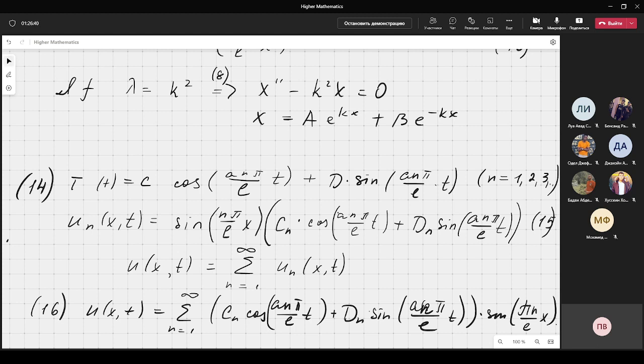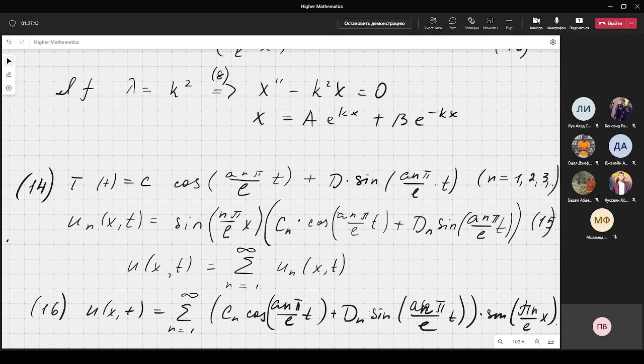This will likewise be a solution of the differential equation 1, which will satisfy the boundary conditions 2 and 3. Series 16 will obviously be a solution of equation 1 only if the coefficients c_n and d_n are such that this series converges and that the series resulting from a double term-by-term differentiation with respect to x and to t converge as well.